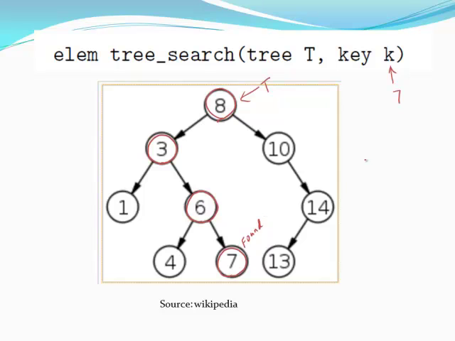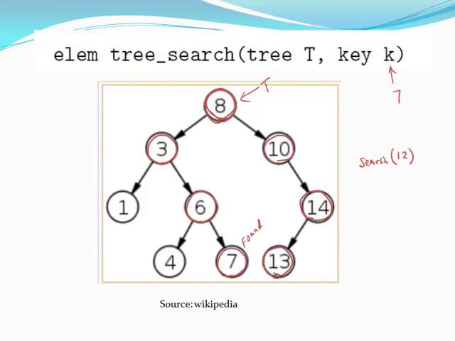Now let's just say that we search for something that is not in the tree. Let's suppose that we search for something like 12. What we're going to do is start here, and then go to the right because 12 is greater than 8. Now we go to the right because 12 is greater than 10. Then we go to the left because 12 is less than 14.